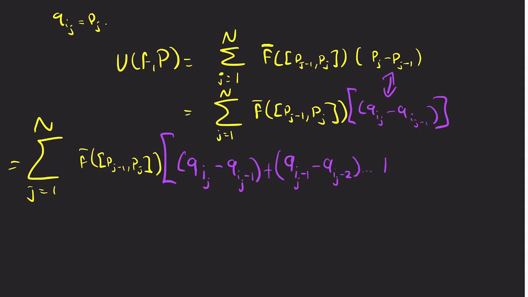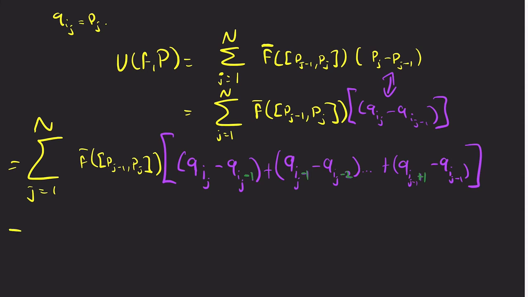We have to add that one back, and then q sub i_(j minus 1) plus 1 on the top. In fact, let's just be explicit there that the j is in the sub-index there. Minus q sub i_(j minus 1). So that's just a telescopic sum.